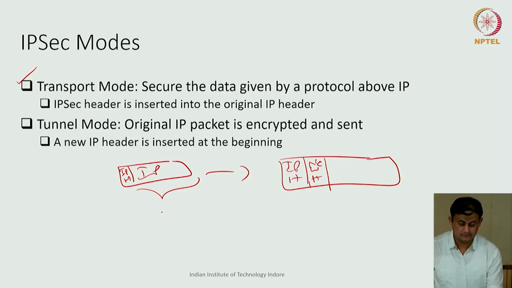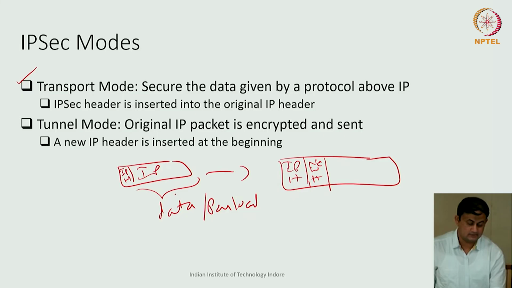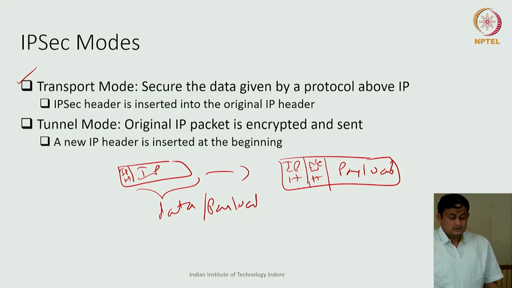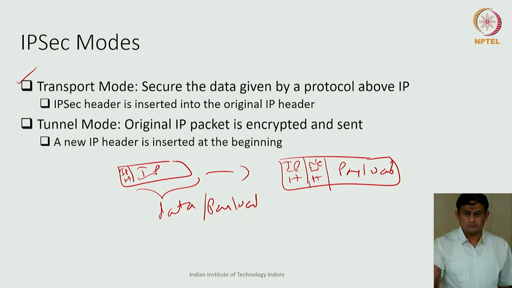This is typically your data, or you can call it the payload, and the payload is as it is. So this is the transport mode operation. You retain the original, because there are a couple of minor changes inside that IP header, which we'll take a look at. So you don't tamper with or manipulate the original IP packet.